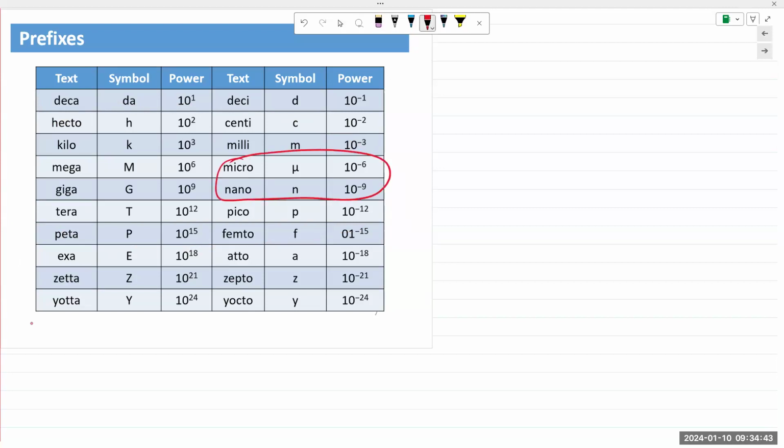Micro and nanotechnology, the words keep getting thrown around a lot. Microchip, microchip, microchip. Well, micro, again, is a prefix that says it's 10 raised to minus 6, right? 10 raised to minus 6 meters. So if you take 1 millimeter, assume everybody knows how small a millimeter is. 1 millimeter is 10 raised to minus 3 meters.